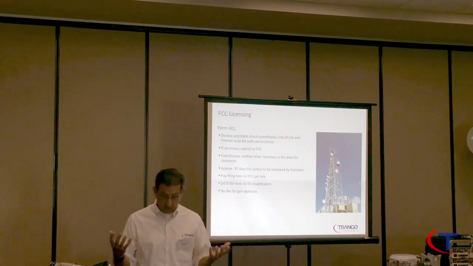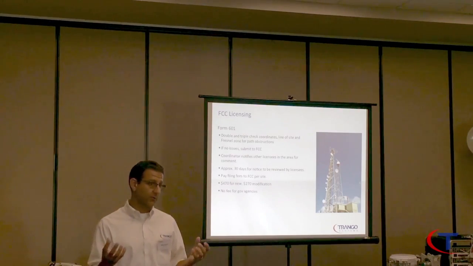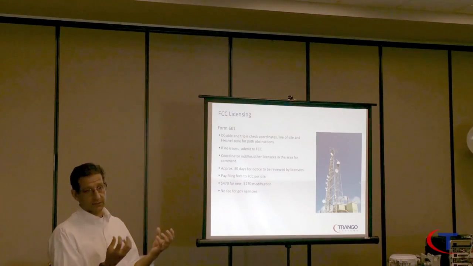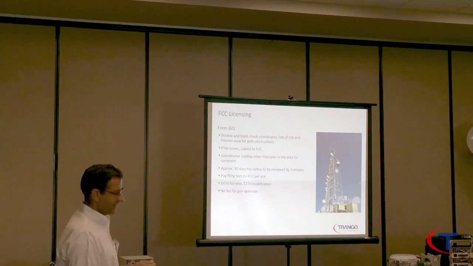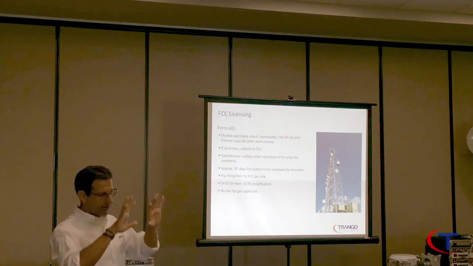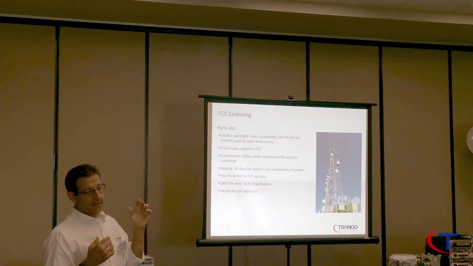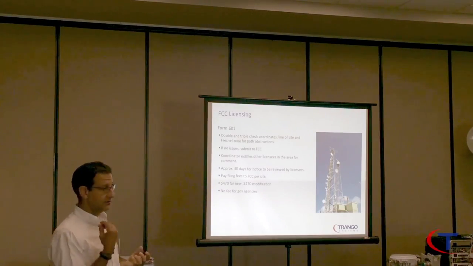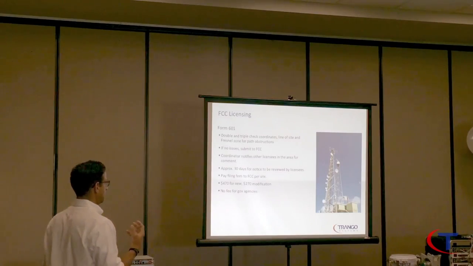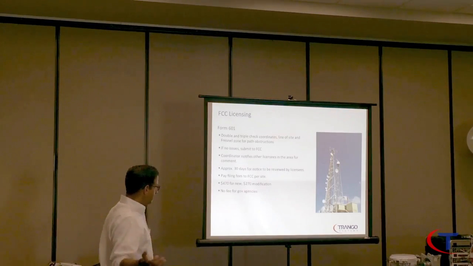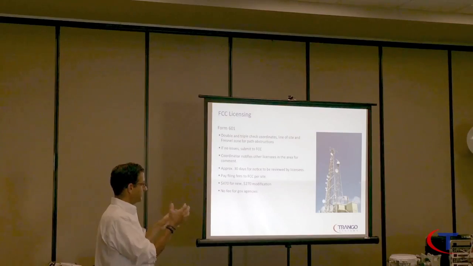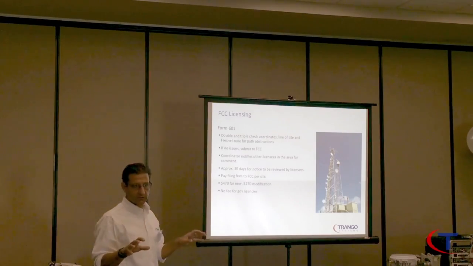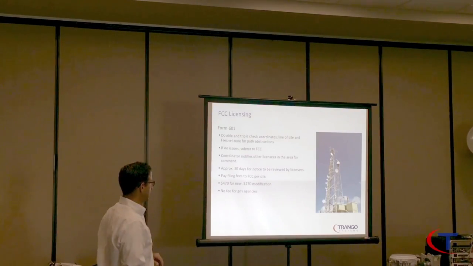This looks almost like a path analysis report, but now it's got frequencies that have been identified. This is your chance to take a look at all the information, make sure that the coordinates are right, that we're using the right gear, the right antennas. If there's any issue with that, you let us know, we'll let the coordinators know. That's the time to make changes for your proposed license.